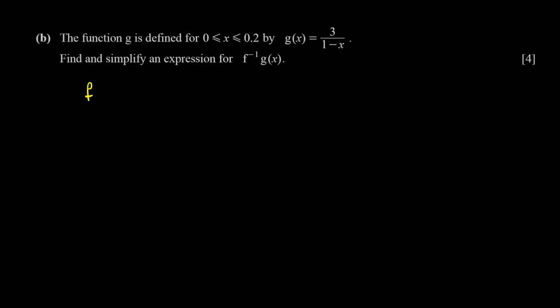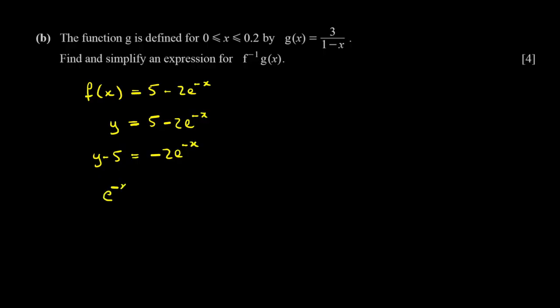Now we were told the original function, f of x, was equal to 5 minus 2e to the minus x. If we want to find the inverse function of that, really what we're being asked to do is rearrange the function to make x the subject. So I'm going to subtract 5 from both sides, and then divide both sides by negative 2.